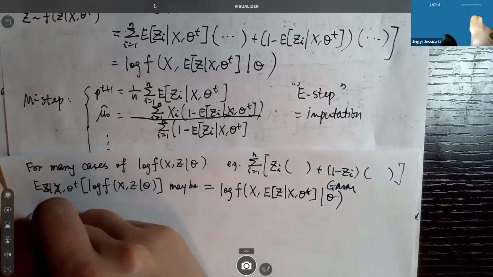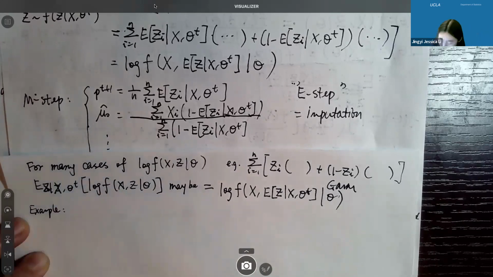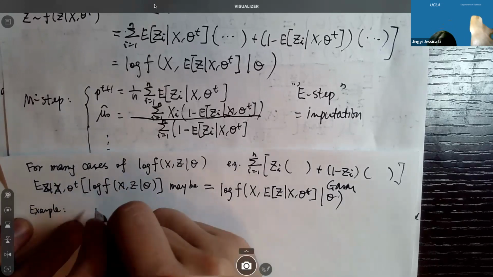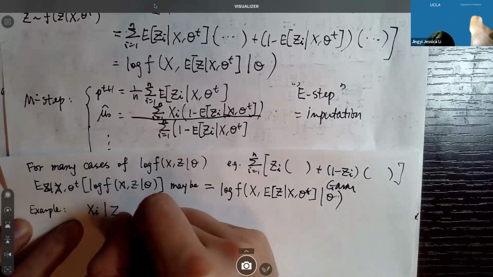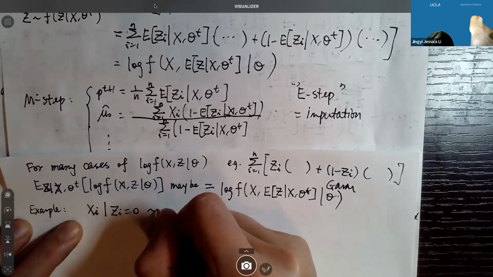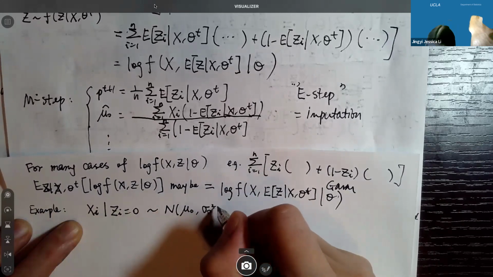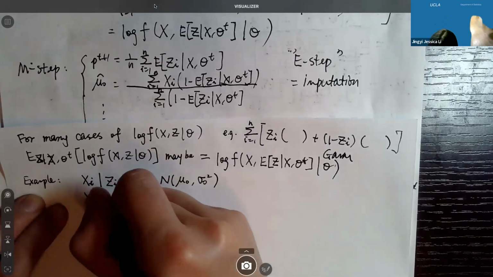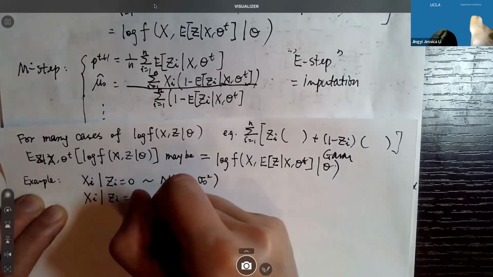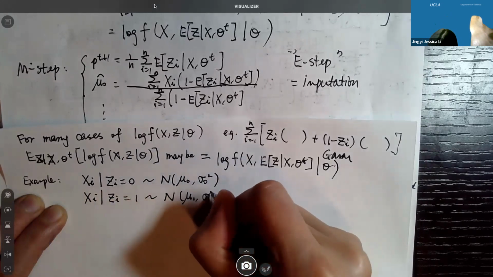Okay, so let me restate this Gaussian mixture model example. In this example, we have xi given zi equals 0 following a normal distribution with mean mu 0, variance sigma 0 squared. And xi given zi equals 1 following a normal distribution, mu 1, sigma 1 squared.